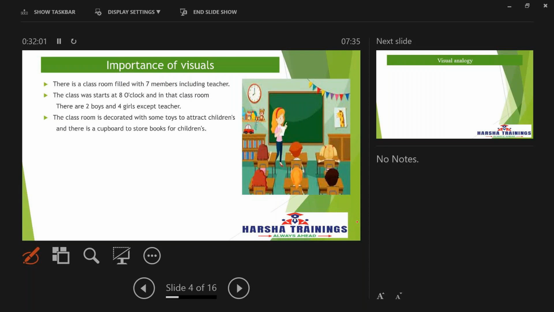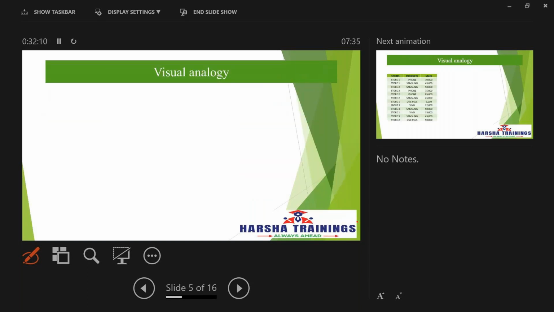Now we are going to see one more thing here: the visual analysis. It means analyzing the visual. If you created or have any visual, we have to understand it.